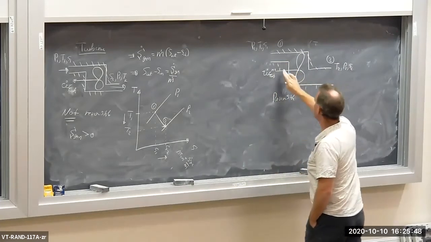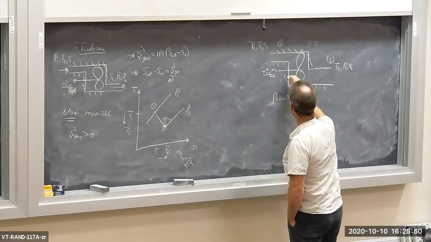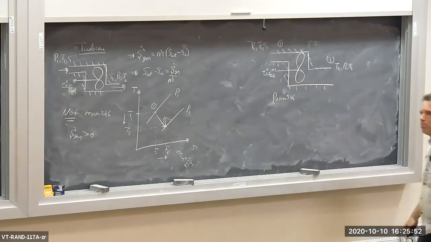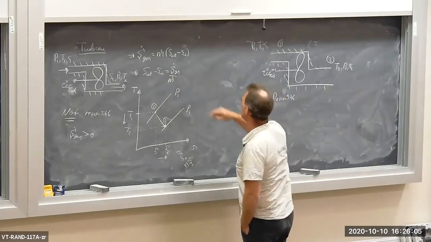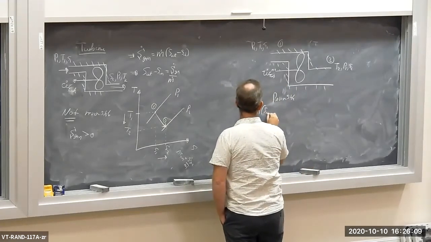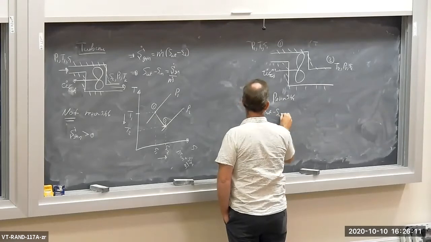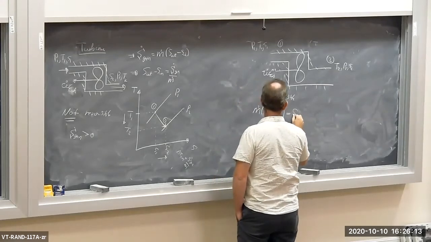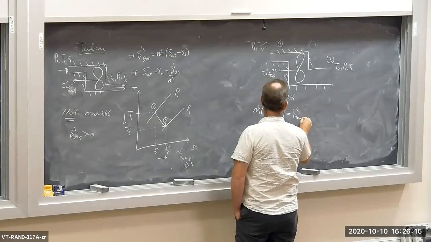It's also adiabatic. Now, if I apply the entropy balance to my reversible turbine, adiabatic, steady state, I get the same equation. I get m dot (S out minus S in) is equal to S dot gen.